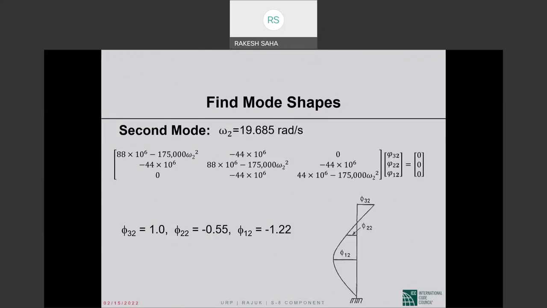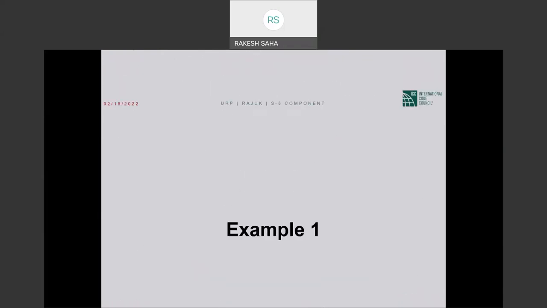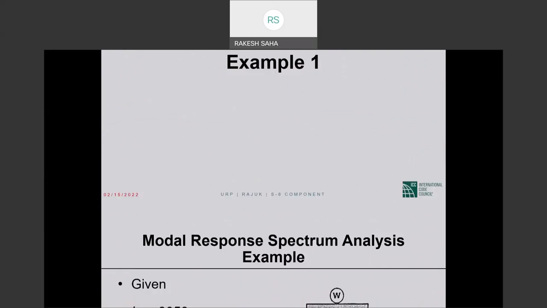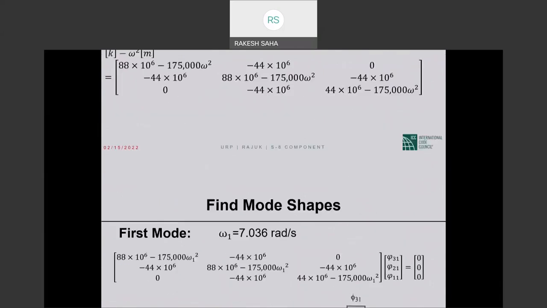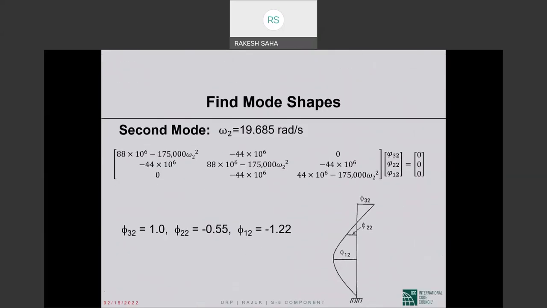It may be worth it here. 1719 per floor. So 3 times that would be the total weight, 5157, right? 3 times 17 is 51, 3 times 19 is 57, 5157 kilograms is the total weight.